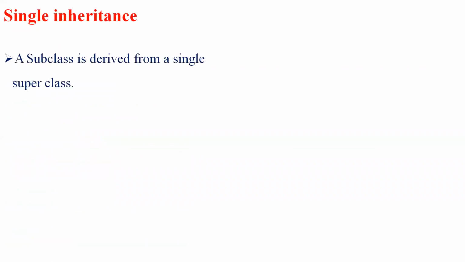Single inheritance, as the name itself suggests, means that here we have a single parent class and a single child class. In other words, we have one base class and one derived class, or one superclass and one subclass.